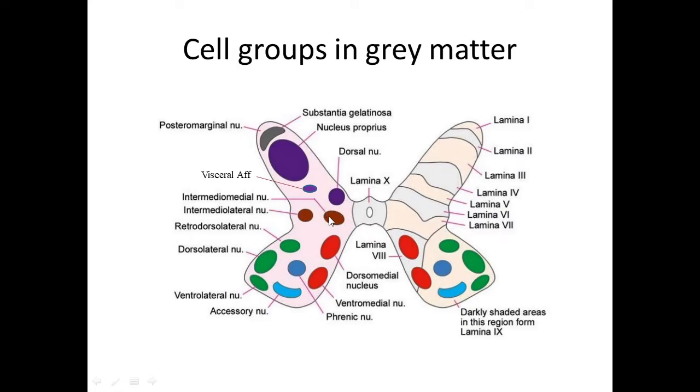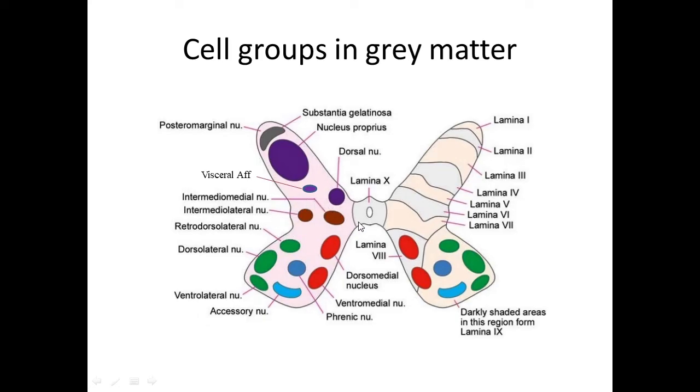These nuclei act as preganglionic neurons of the sympathetic system. So there are groups of nuclei in the anterior gray column, in the posterior gray column, and the intermediate gray column.